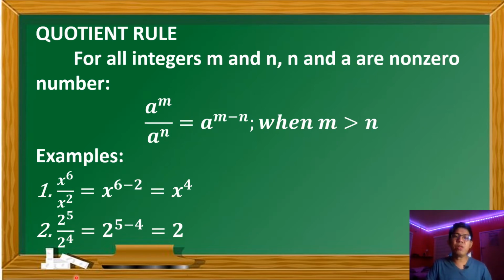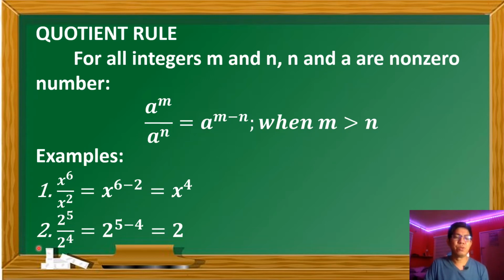Examples, number 1. x raised to the 6th power over x squared is equivalent to x raised to 6 minus 2, which is x raised to the 4th power. We just subtracted the exponents.